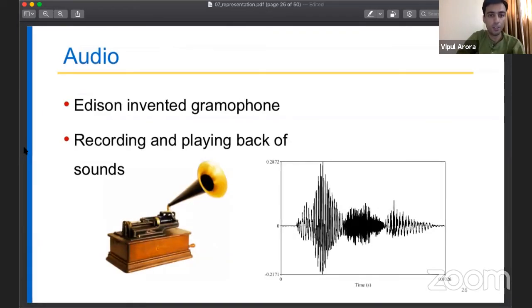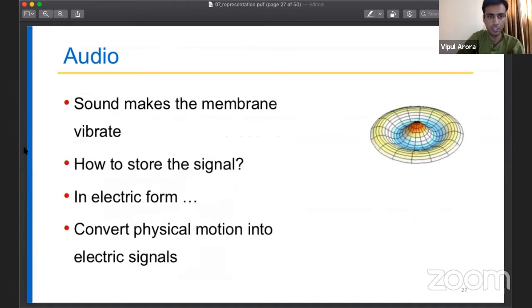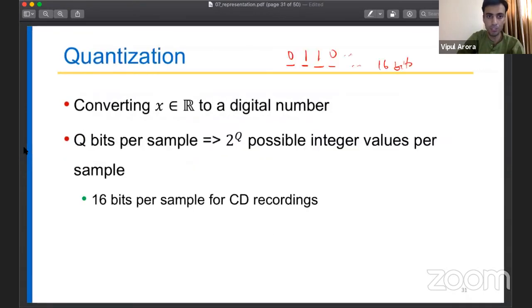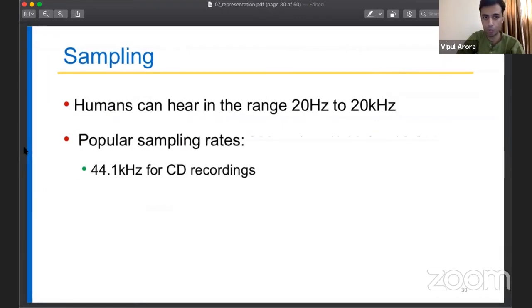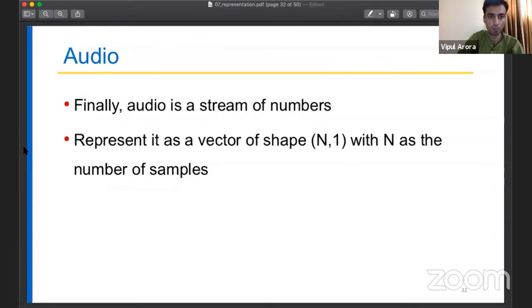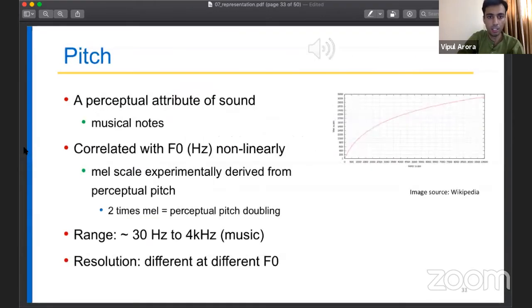Now, audio. I think these things you can read: how we record audio, what frequency is, what sampling is, what quantization is, and how we represent audio. It's a stream of numbers. What is pitch?